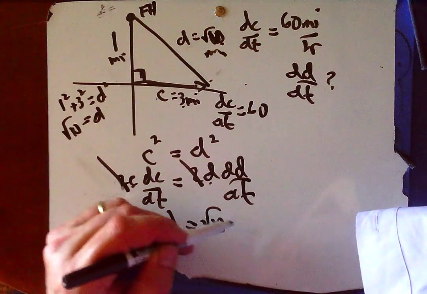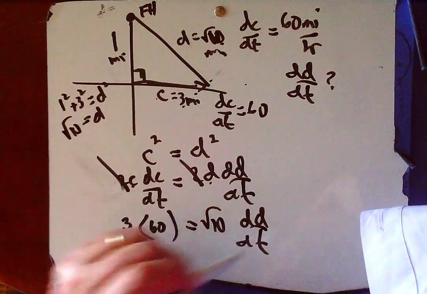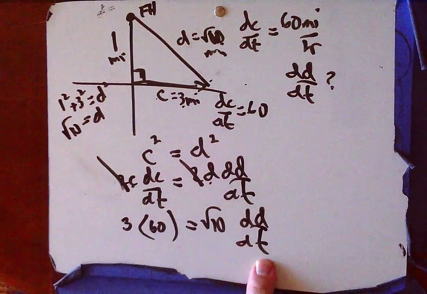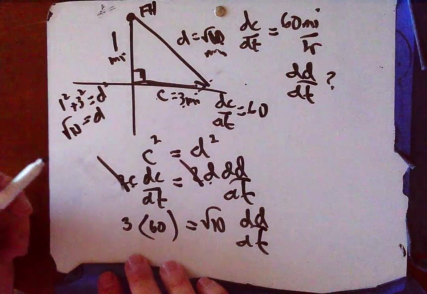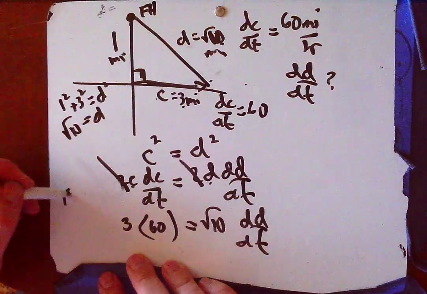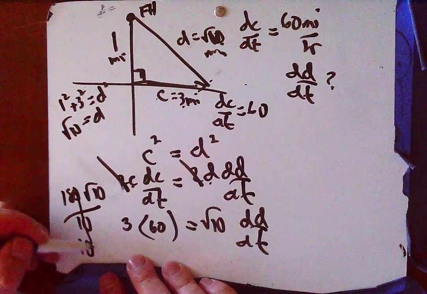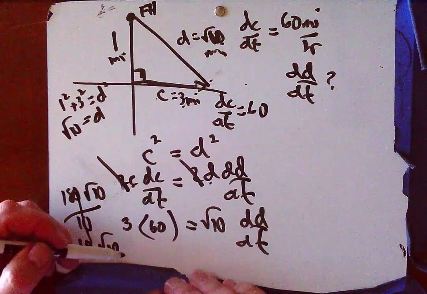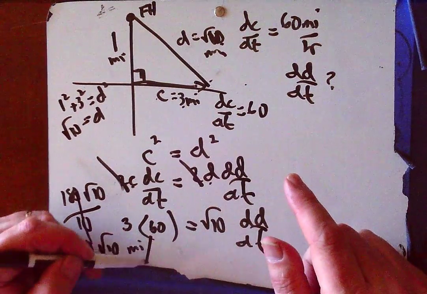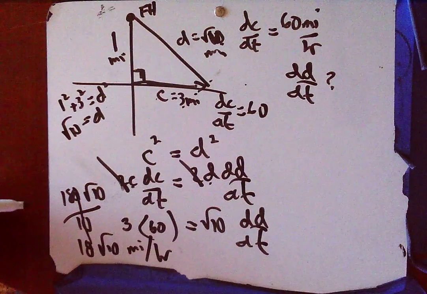So 180 equals the square root of 10 times dD/dt. I'm trying to solve for dD/dt, so I'm going to divide both sides by the square root of 10. This will be 180 root 10 over 10, or 18 root 10, and my units will be miles per hour.